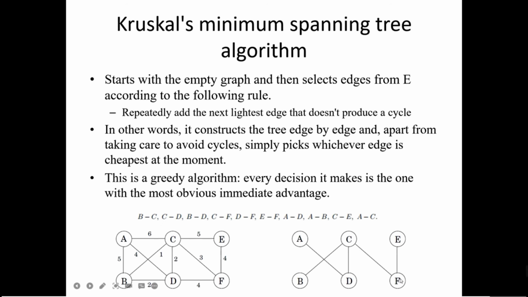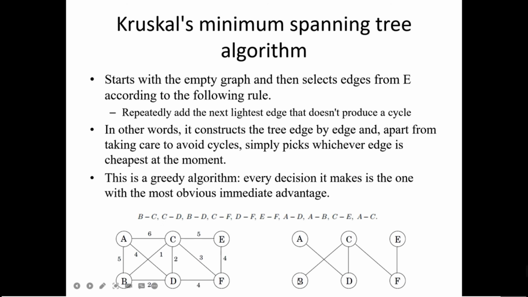and then we select DF. When we are putting DF, we find that DF will introduce a cycle, so we ignore DF, and then we put EF, and then we put AD, and we put AB.